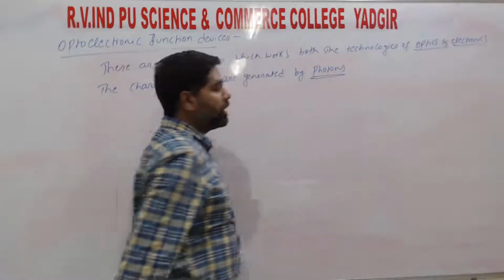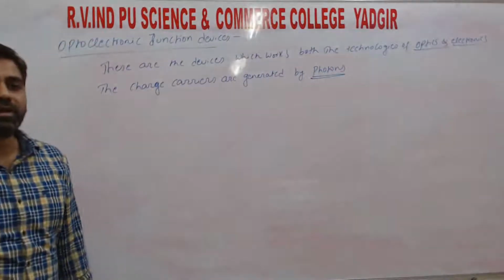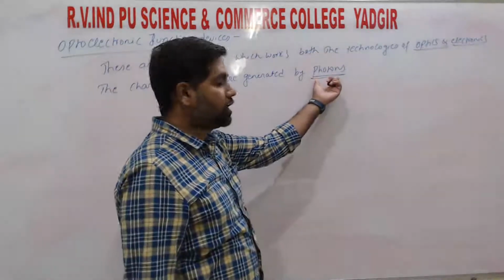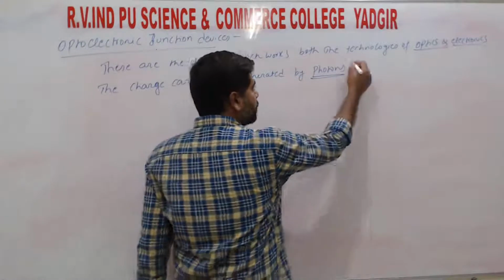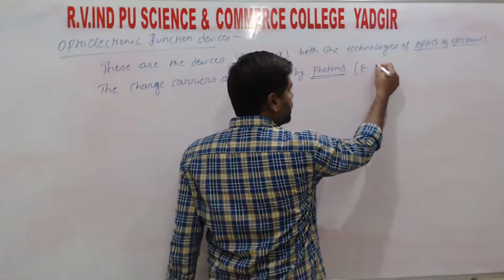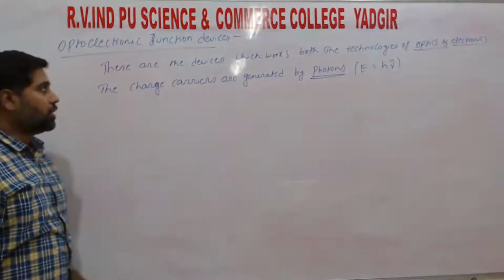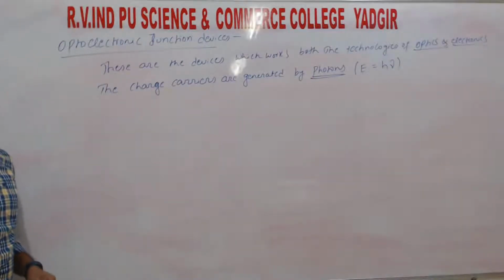As we already know, a photon is nothing but an energy packet, with energy E equals h nu. So this is about the optoelectronic junction devices.